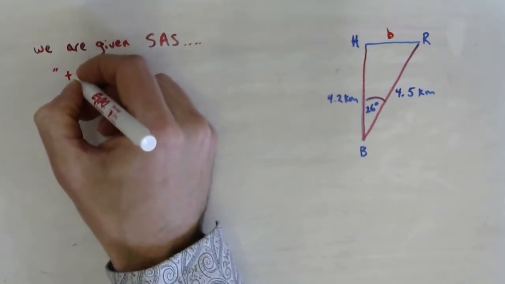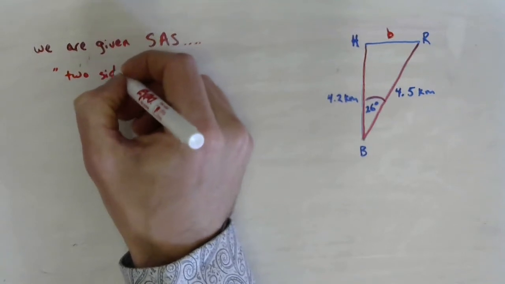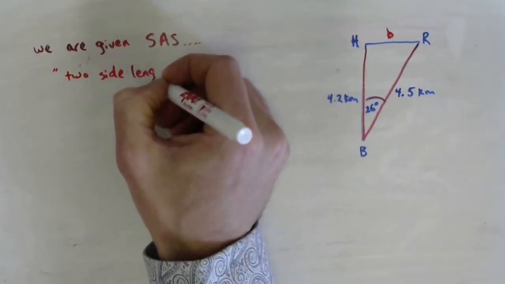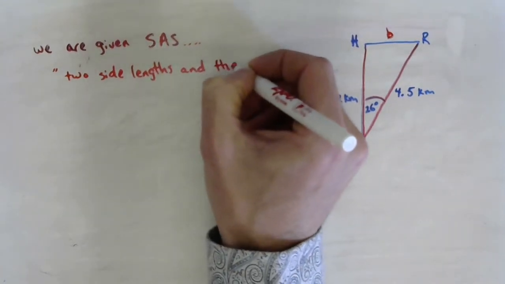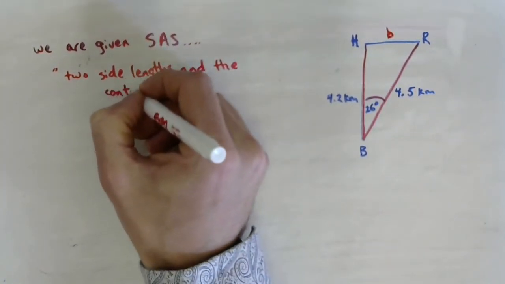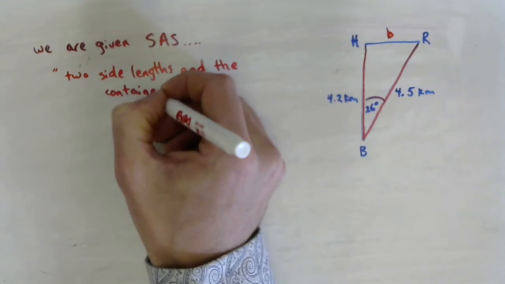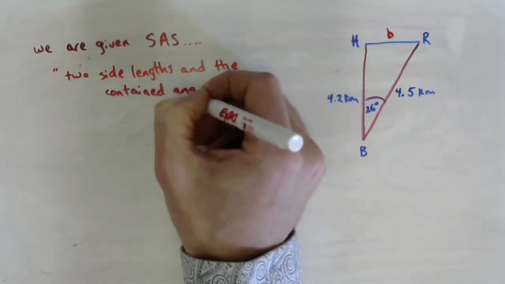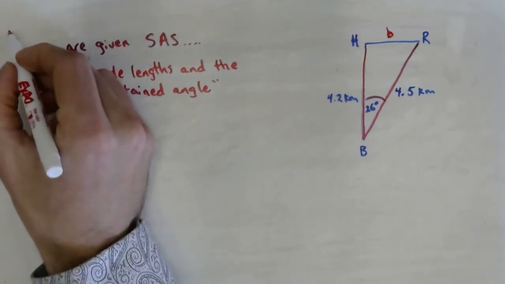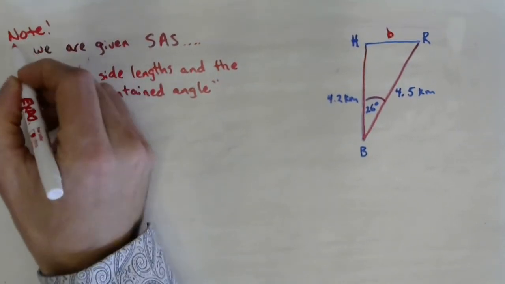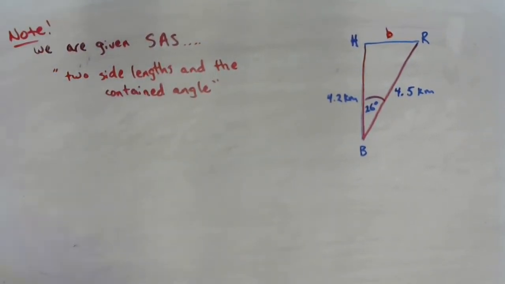That's two side lengths and the contained angle. Two side lengths and the contained angle. Let's just say note. Useless marker, gone. Okay, so since we have that, we can use cosine law.